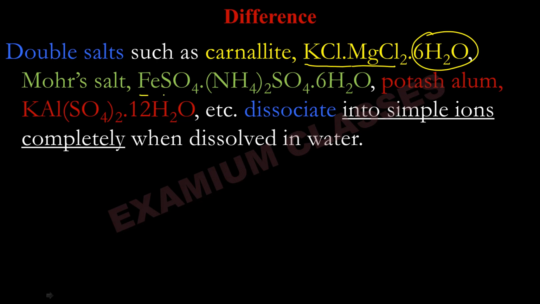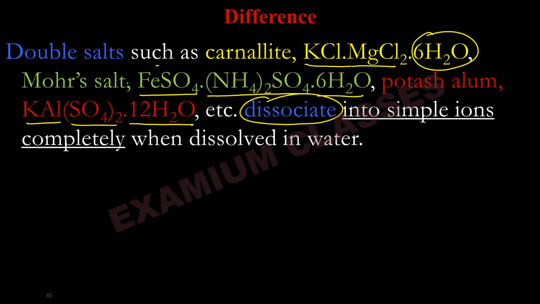Then Mohr's salt, FeSO4.(NH4)2SO4.6H2O. Then potash alum, K2SO4.Al2(SO4)3.24H2O, written as KAl(SO4)2.12H2O. Remember, KAl(SO4)2 means it has both sulfates of potassium and aluminum. But the point here is that they will dissociate into simple ions, meaning everything will get dissociated.